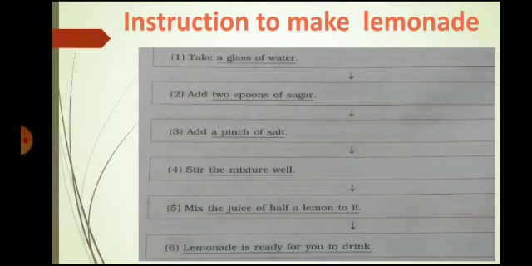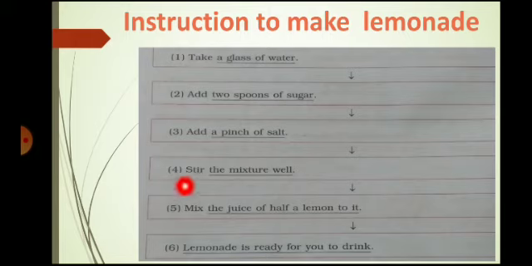So what we have done, the first thing is take a glass of water, then give an arrow in between. Then write down number 2, add 2 spoons of sugar. Then again give an arrow in between. Then third number is add a pinch of salt. Again give an arrow. This arrow shows that after this you have to do the next step. So these arrows are showing the next step.